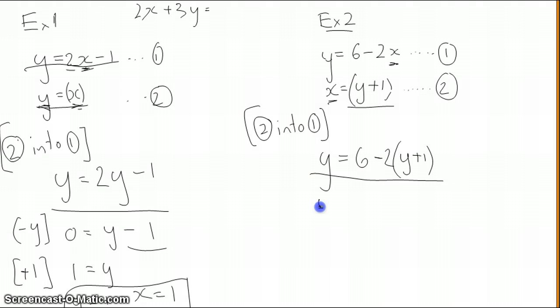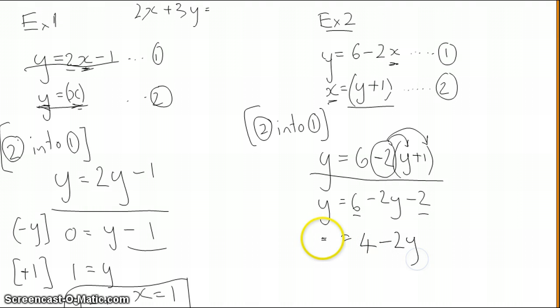Right, solving y equals 6. Now, expanding this bracket out is minus 2 times y and minus 2 times 1. So it reads minus 2y minus 2. Keep going. Just simplify those two terms because they're like terms. 6 minus 2 is 4 minus 2y.